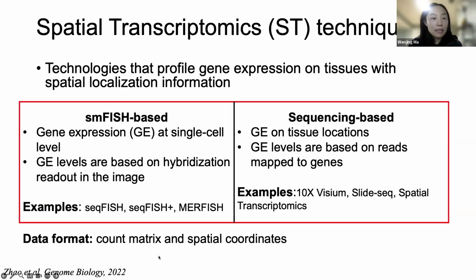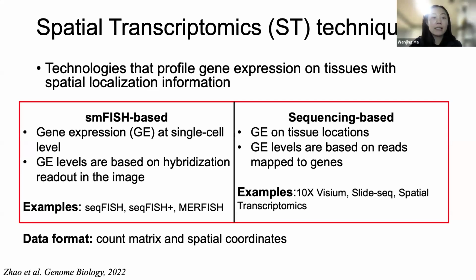Basically, this is a technique that profiles gene expression on tissues of interest with spatial localization information provided. It can be divided into 2 categories: one is the FISH-based, and the other is the sequencing-based. They both measure gene expression counts, but the readout differs.